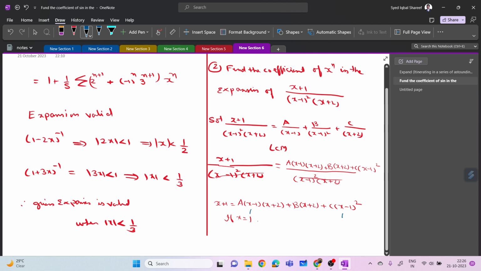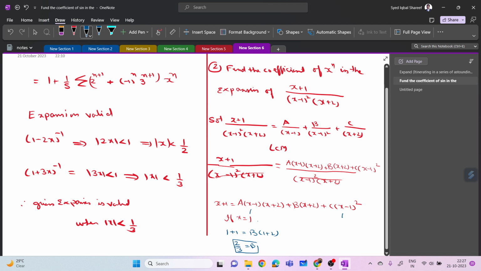So x equal to 1, if you write, this will be 1 plus 1 equal to b into 1 plus 2. So 2 by 3 equal to b.